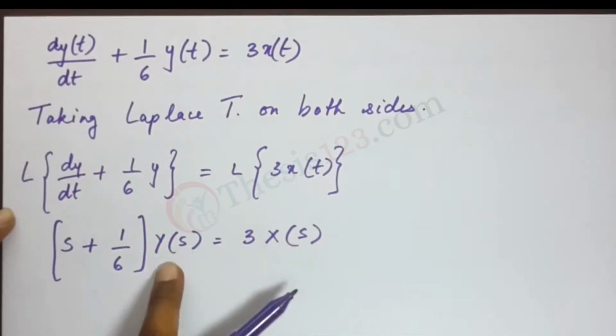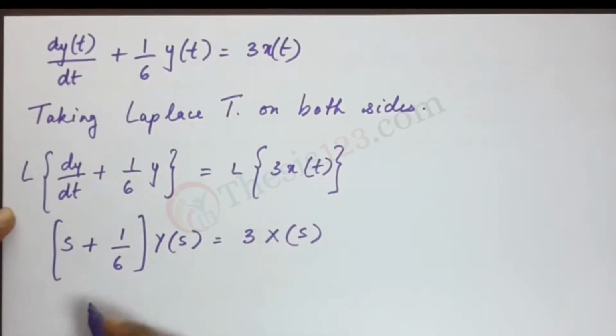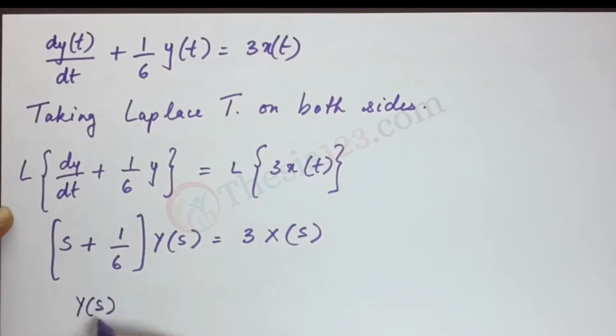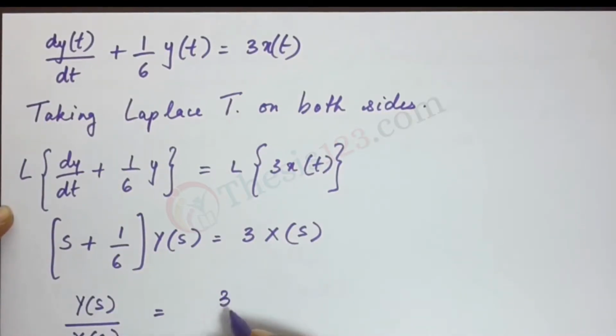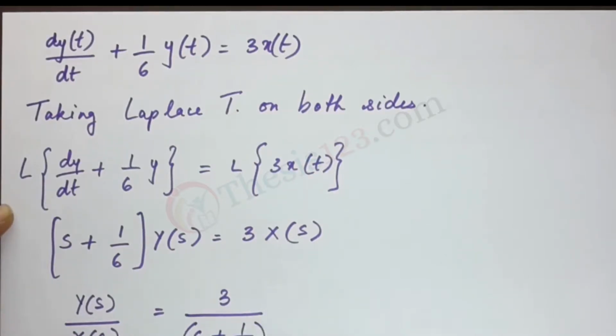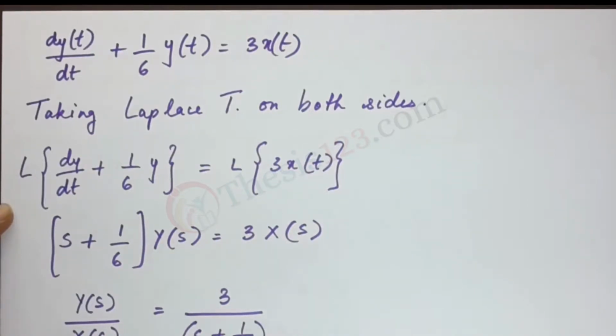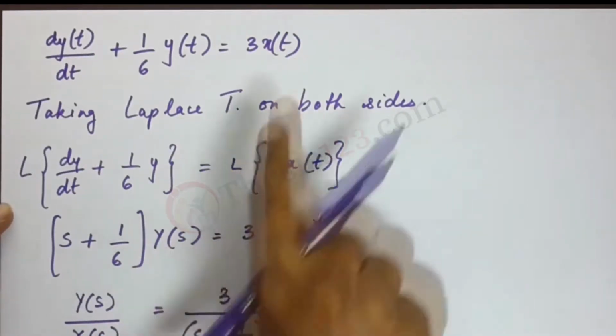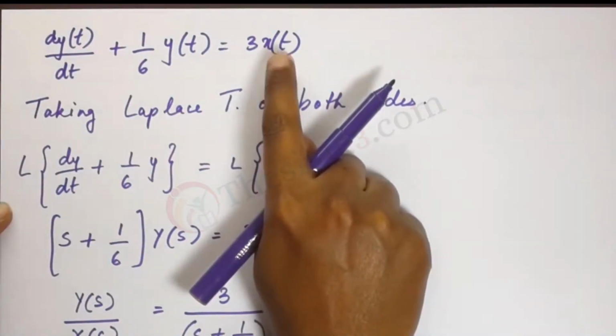Now let's take the ratio of Y(s) to X(s). Y(s)/X(s) can be written as 3 divided by (s + 1/6). Okay, so we have the ratio here. Now the next thing is we already have what x(t) is.